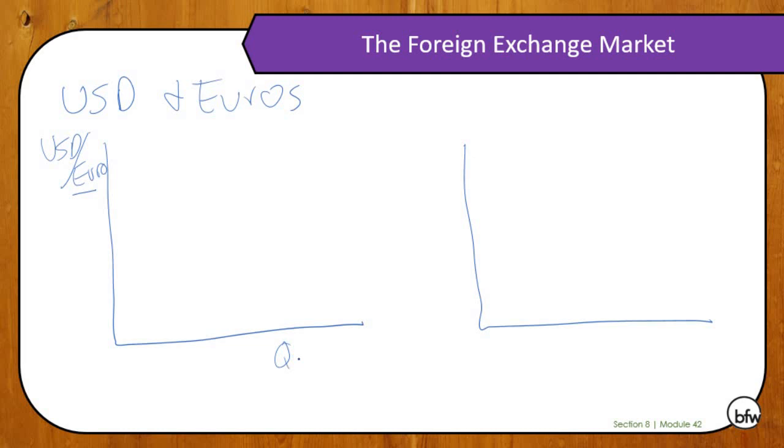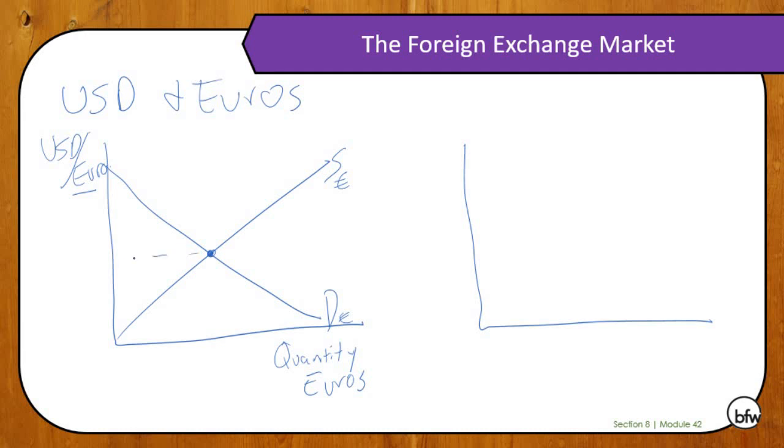So we're going to put quantity of euros right there. That's also going to be the supply of the euro, and that's a sign for the euro. I just didn't feel like writing euro out again. And we've got our demand for the euro right there. And we've got our equilibrium point here.